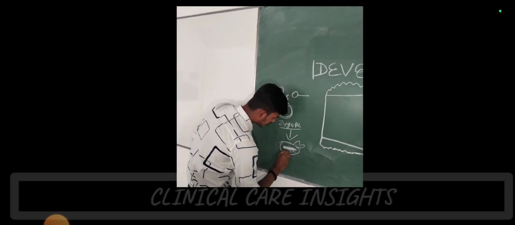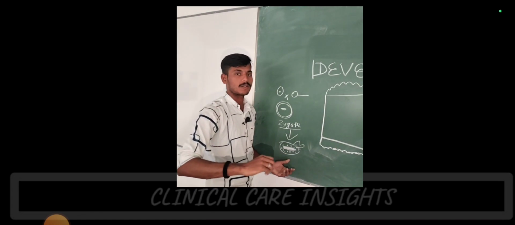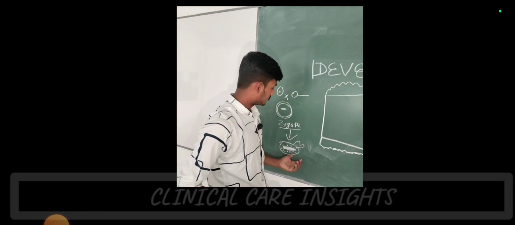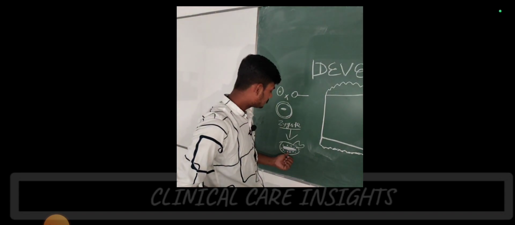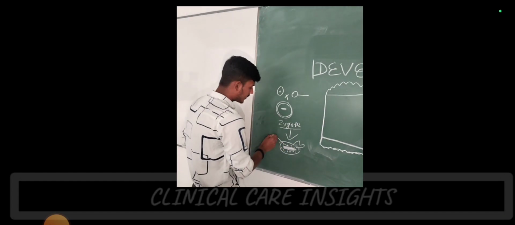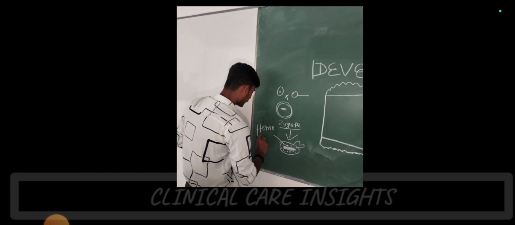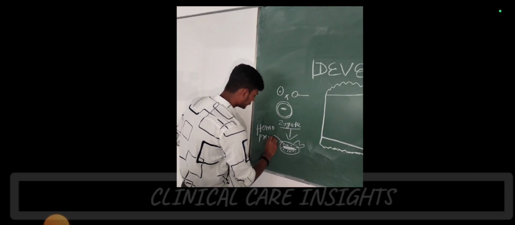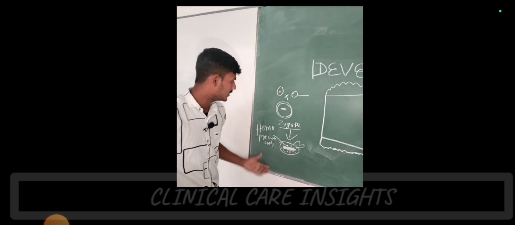Which precursor cells? Hemopoietic precursor cells. They are the cells which form the blood components, called hemopoietic cells or hemoprecursor cells.